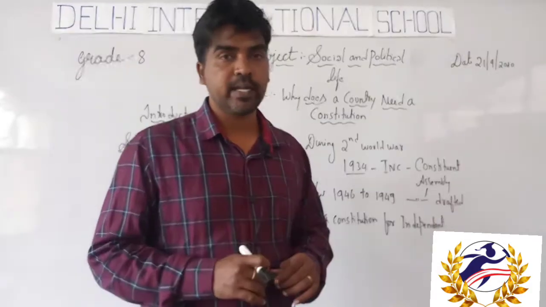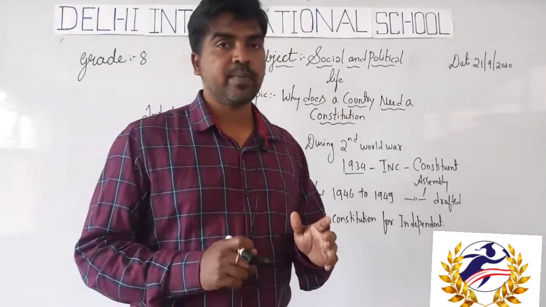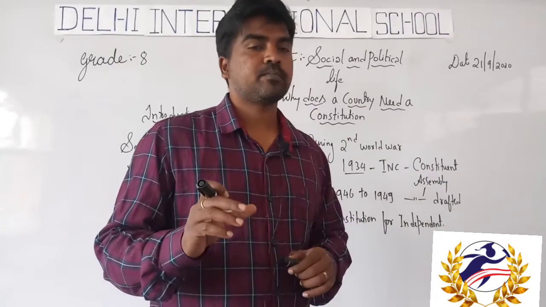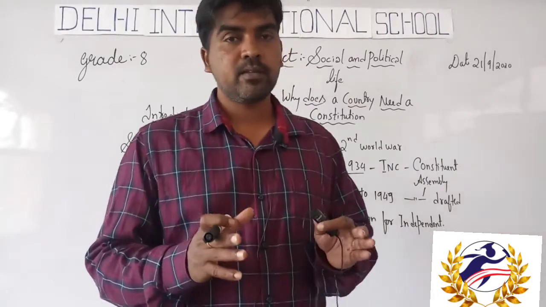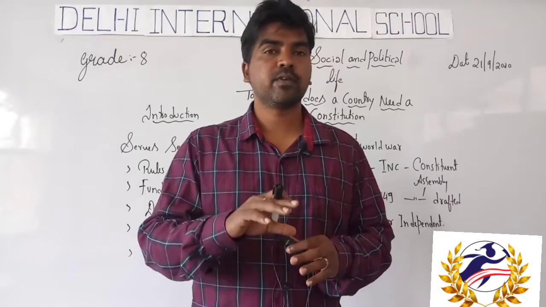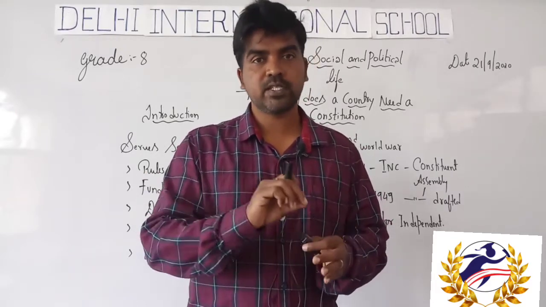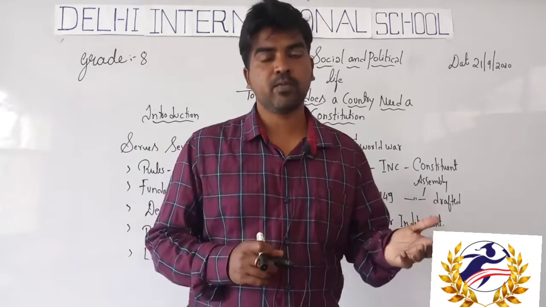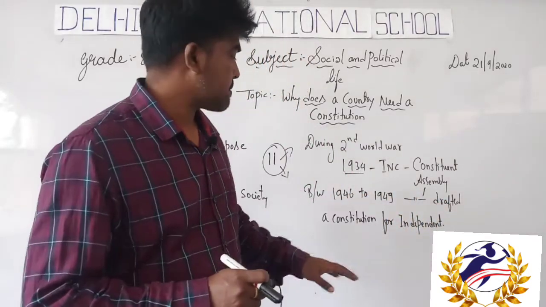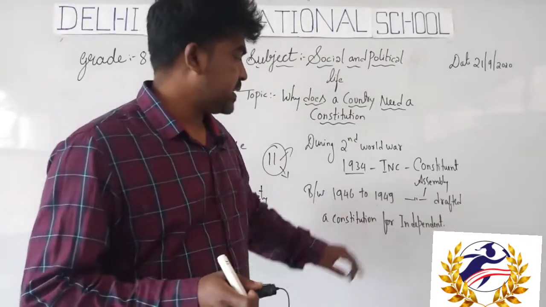He took the responsibility to draft the constitution. A draft is a primary source, a rough work before finalizing the constitution and submitting it to the country. This was done over nearly 3 years.